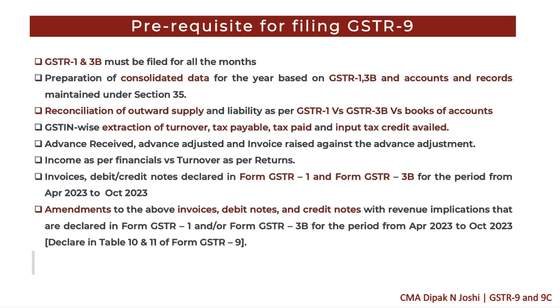Normally, entities maintain separate ledgers of tax payable, tax paid, and input tax credit availed for each state or for each GST number. But the turnover part is normally consolidated turnover. So it is very important to understand that GST registration-wise turnover is required as far as filing of GSTR 9 and 9C is concerned.